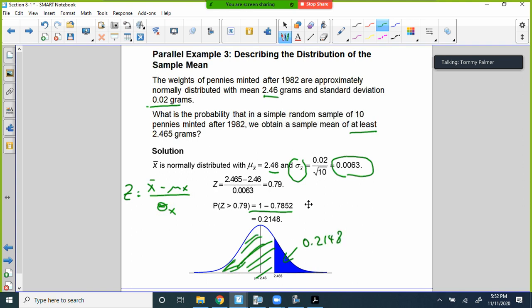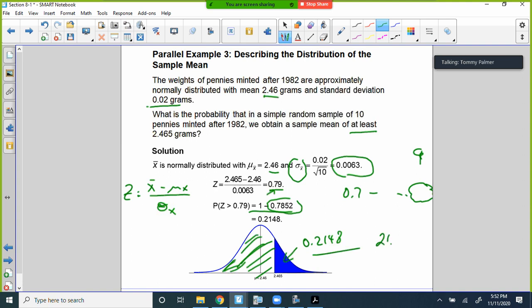This is all done by looking at the table: you go to 0.7 and then out to the 9, and that's where the table value is. Then 1 minus that gives you the answer.